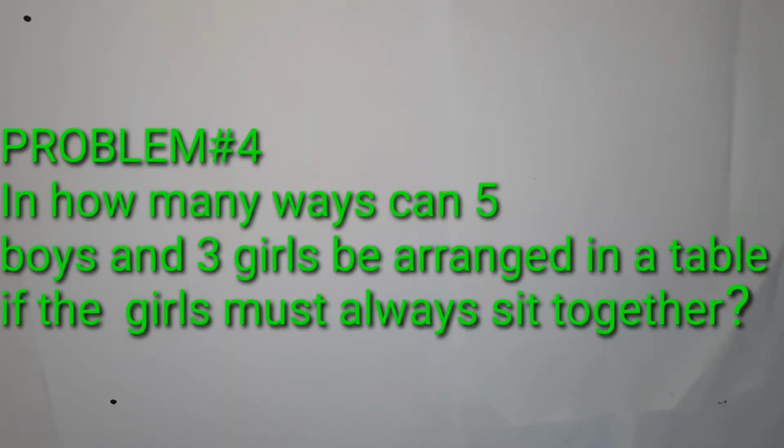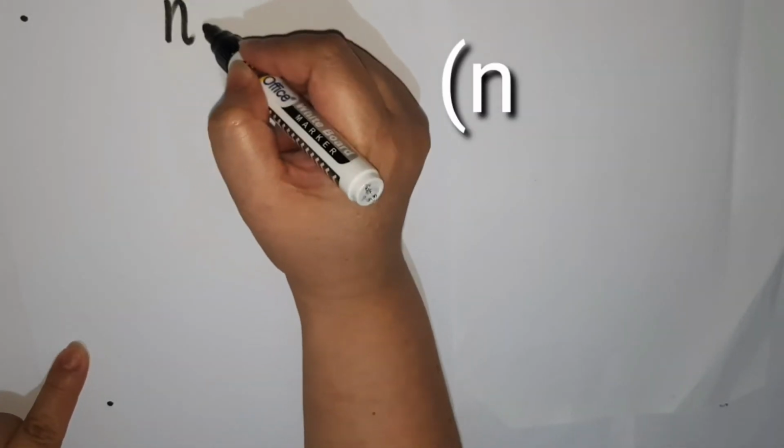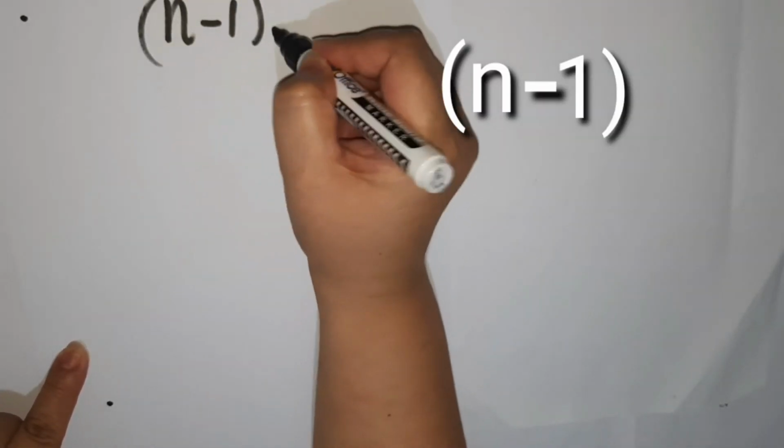Last problem. In how many ways can 5 boys and 3 girls be arranged in a table if the girls must always sit together? This is a problem involving circular or cyclic permutation. Therefore, to determine the number of ways, we have to use n minus 1 factorial.